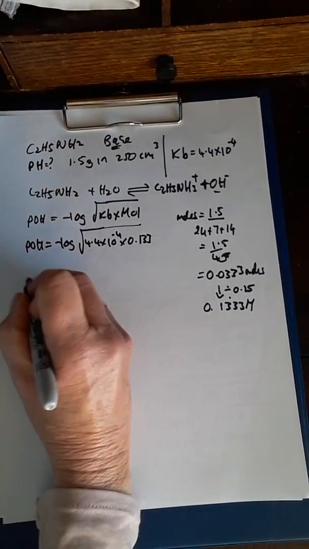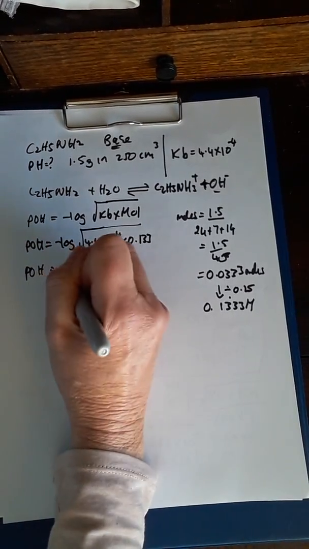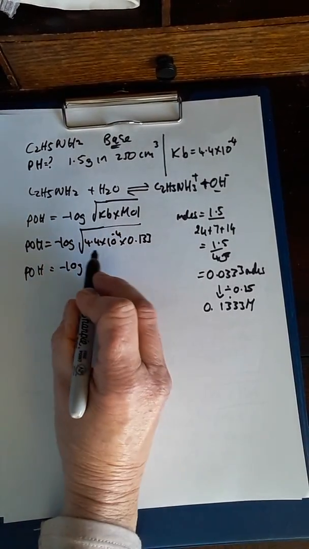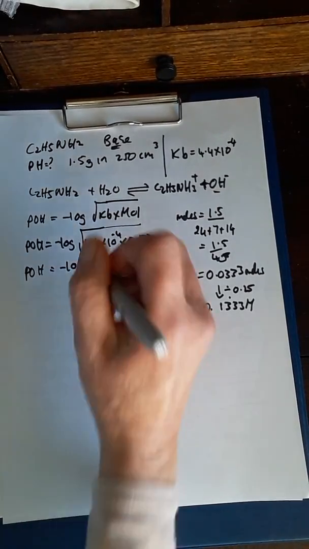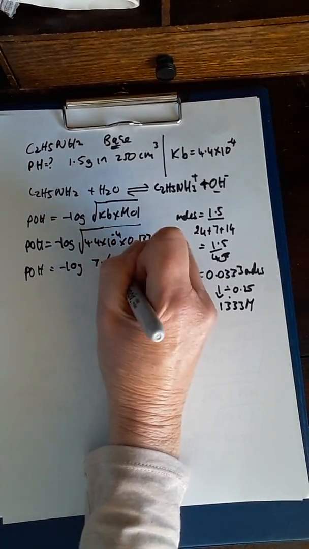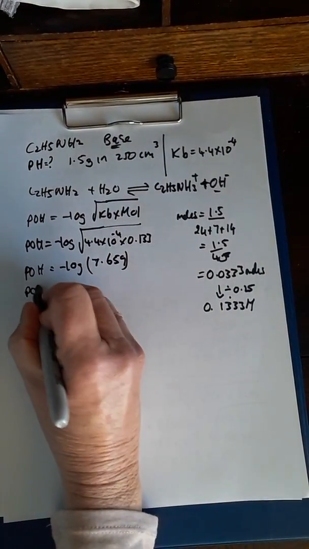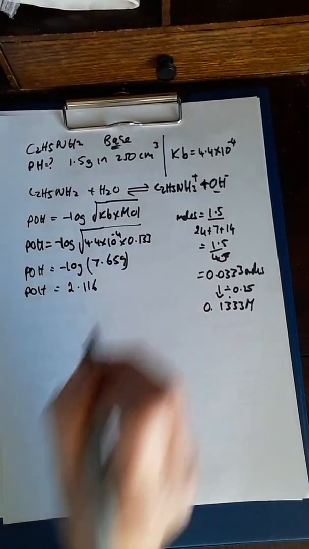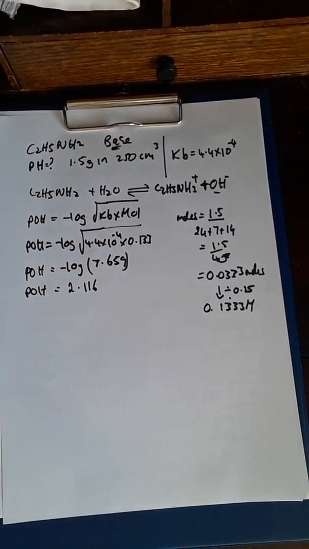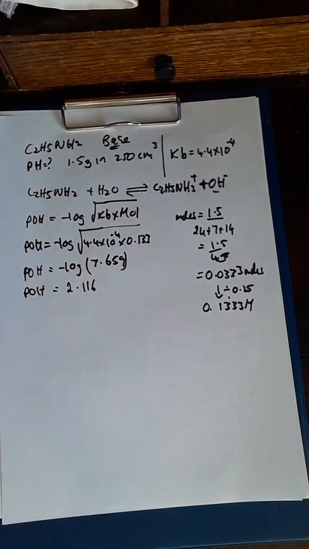I'll multiply those and get the square root, and I end up with 7.659. You can check that figure yourselves. So the pOH is equal to 2.116. Now obviously it was a base. I was told it was a base at the beginning, and it's pOH I was working with.